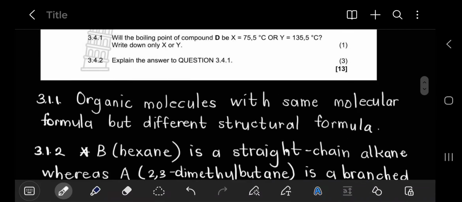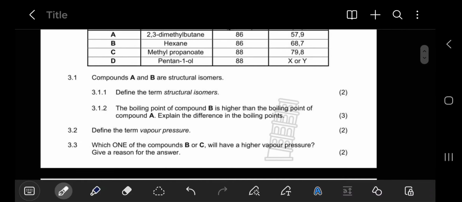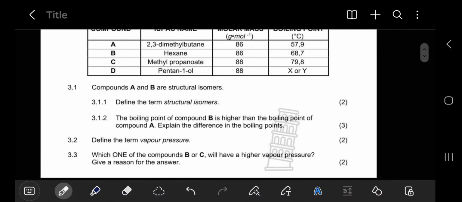We're now on to 3.4. 3.4 says consider compounds C and D. Will the boiling point of compound D be X, which is 75.5 degrees, or will it be Y, which is 135.5 degrees Celsius? Only write down X or Y. Let's first analyze what we have for C and D so we understand how this works.